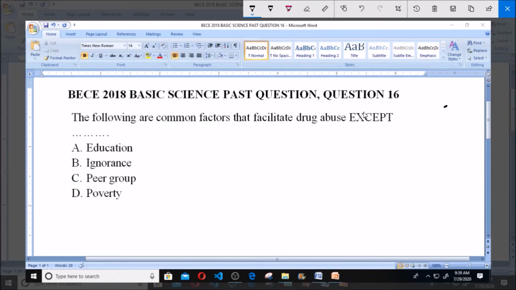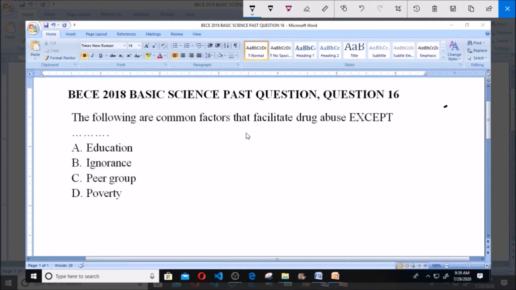BECE 2018 Basic Science Past Question 16. The following are common factors that facilitate drug abuse except: A. Education, B. Ignorance, C. Peer group, and D. Poverty.